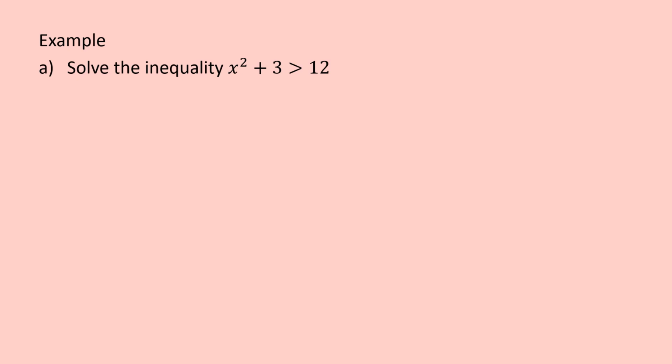Solve the inequality x squared plus 3 is greater than 12. This one we can write as x squared is greater than 9. Taking square roots, we obtain x is greater than 3 or x is less than minus 3.